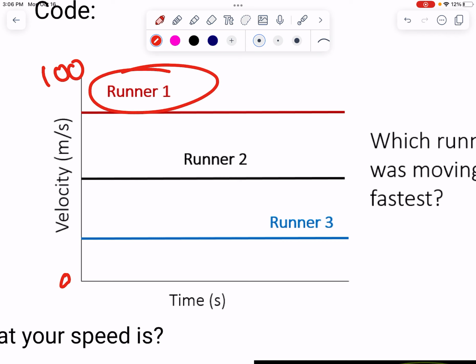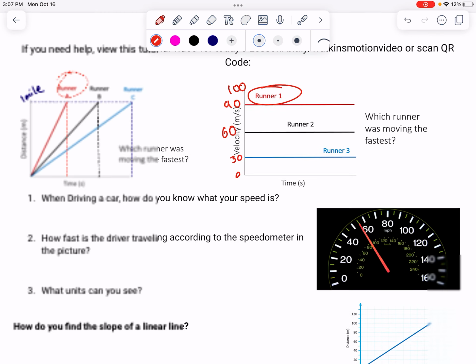So again, we can say each runner, let's say this is running 30 miles per hour, or I guess meters per second. That's still really fast. Whatever. This is 60. This is 90. Not really realistic numbers if you think about meters per second. But in any case, runner 1 would clearly be moving the fastest. Because it's a horizontal line, that's also showing that they're not getting faster or slower as they're running. They're maintaining that same speed.